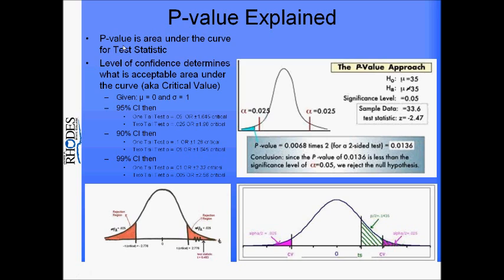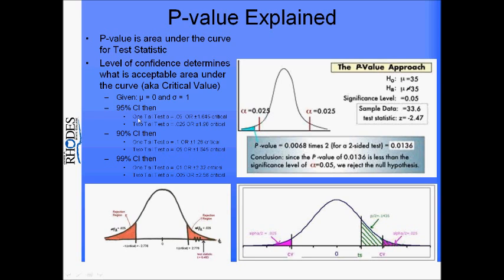Okay, so let's talk about comparing that value to the critical values. Level of confidence: when we talk about whether it's acceptable or not, you have to look at the critical value. Given that we're using the standard normal curve, mean of 0, standard deviation of 1, if I say I want 95% confidence, depending on what type of test you're using, that critical value can change.